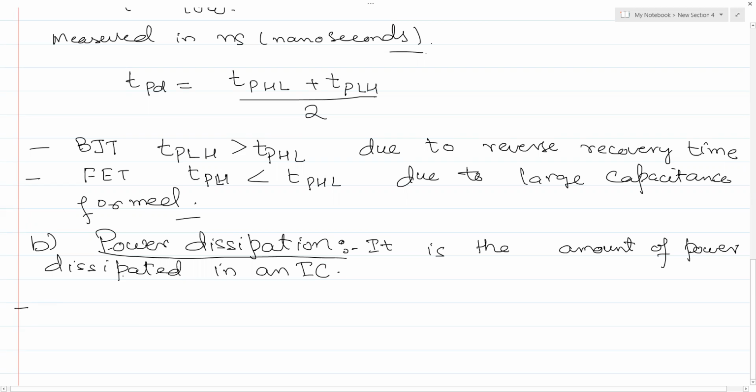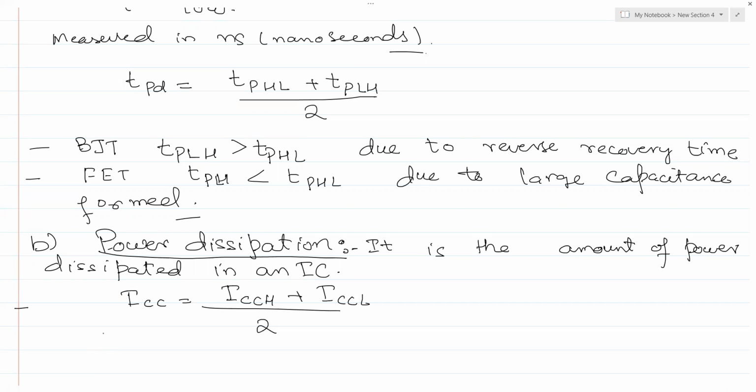So in general, ICC will be equal to (ICCH plus ICCL) divided by 2. ICCH is the current value when all inputs are high, and ICCL is the current value drawn from the supply VCC when all the inputs are low.